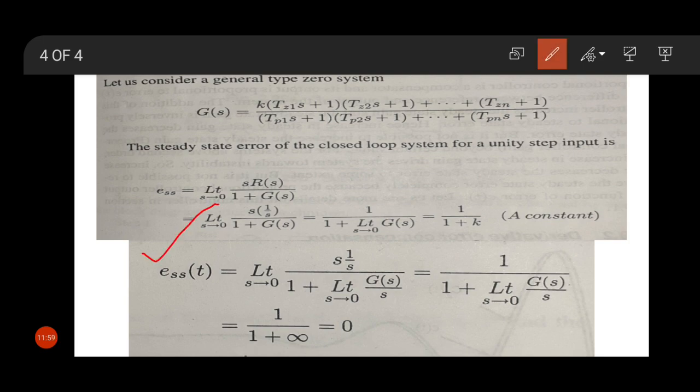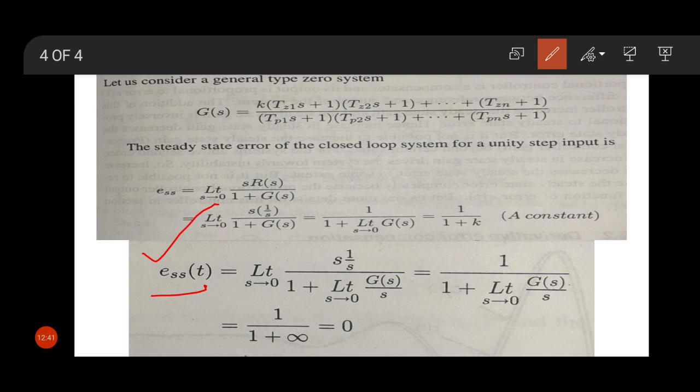So we calculate the steady state error after adding a pole at origin: ess' equal to limit s tends to 0 of s into 1 by s divided by 1 plus limit s tends to 0 of G(s) by s. After simplifying this equation, we get steady state error equal to 0 after addition of pole at origin.